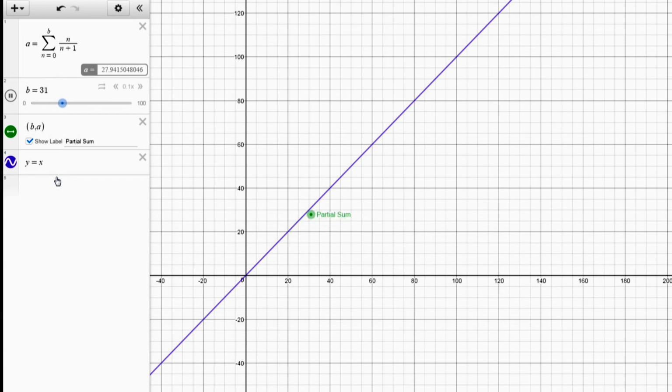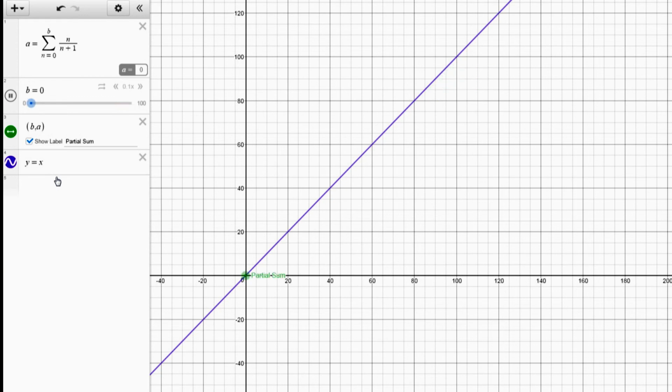And so you can see that happening. The little partial sums are building up, and they're running pretty much parallel to the line y equals x. It's not quite, right, because we're not adding quite 1, but we're adding 66/67ths, 67/68ths, numbers that are very, very close to 1, and getting closer and closer to 1 as we go.